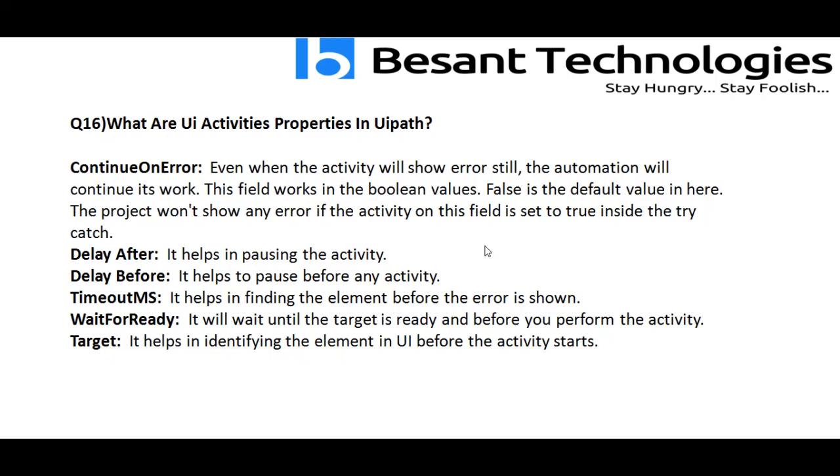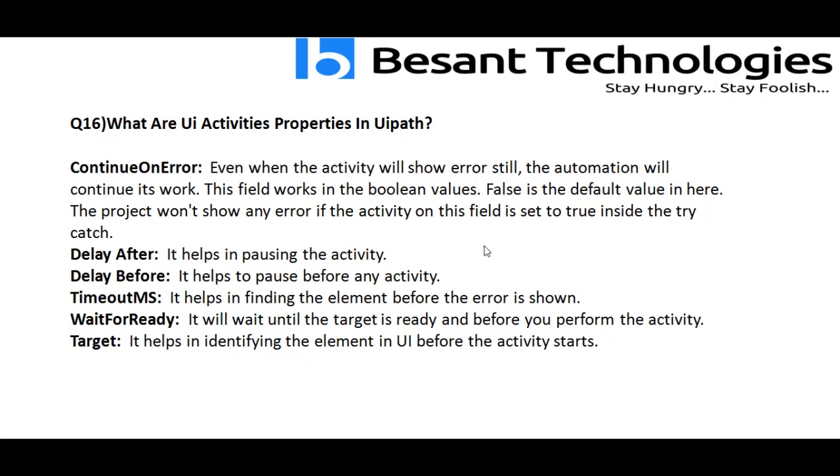So this is continue on error property. Delay after, as I said before, delay is used to pause the automation for some time. So delay after property is used to pause the activity after executing it. For example, I'm executing a type into activity. I'm giving delay after for that, so it executes the type into activity and waits for some time. That is called delay after property.